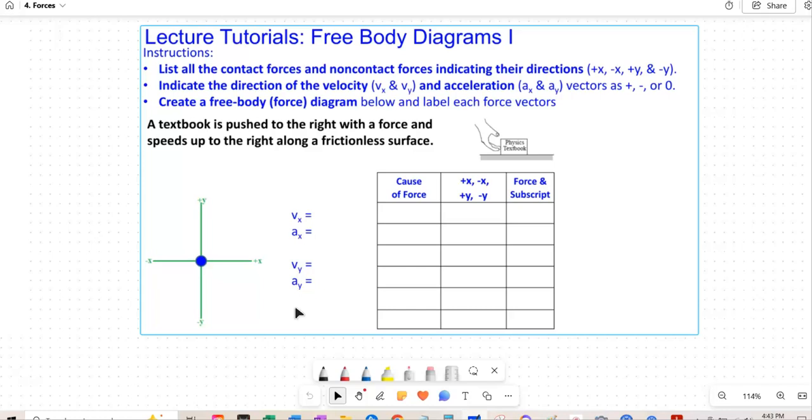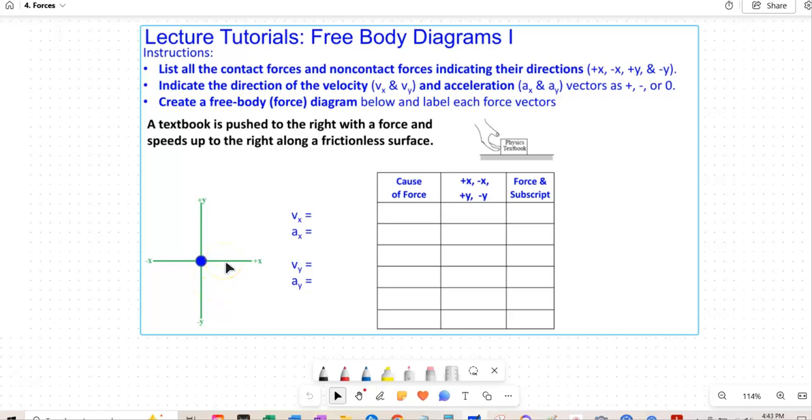You're going to learn to create force diagrams based off of a description, and you're going to list out the velocity and acceleration vectors in the x and y direction, or what they probably should be, what is causing the force, what you're going to name it right here, and what direction it's pointing. So doing all this based off of this description and this picture, then you're going to create your force diagrams.